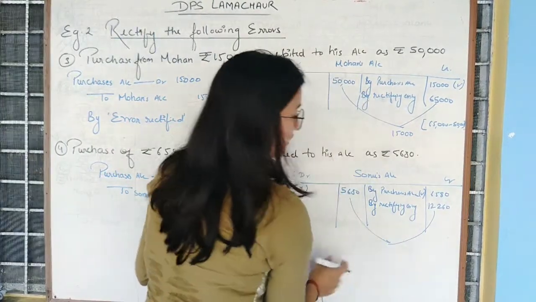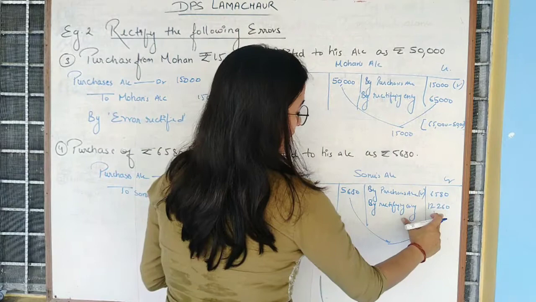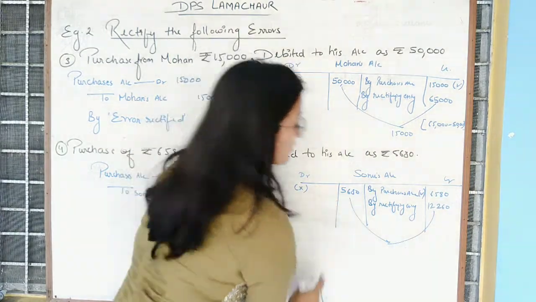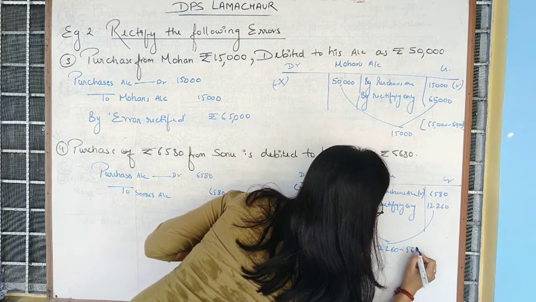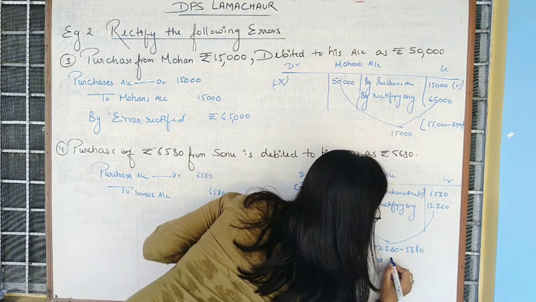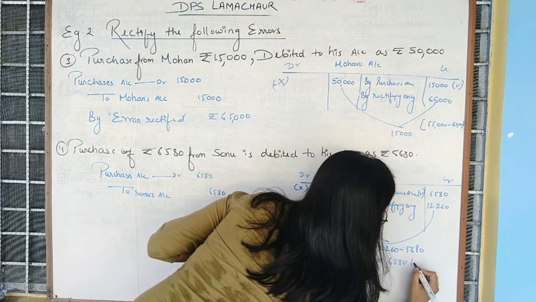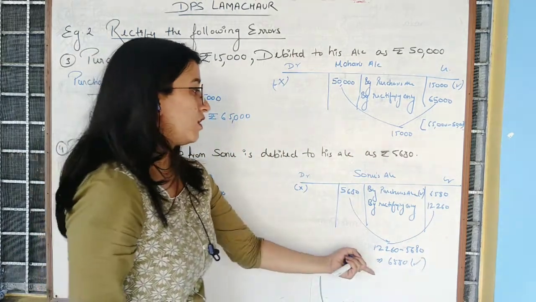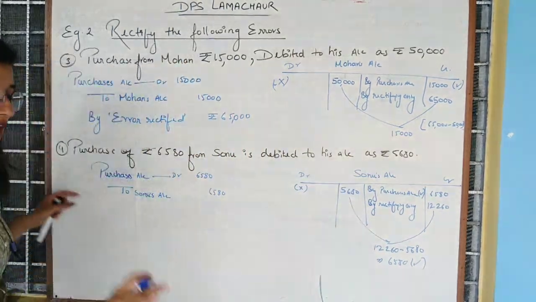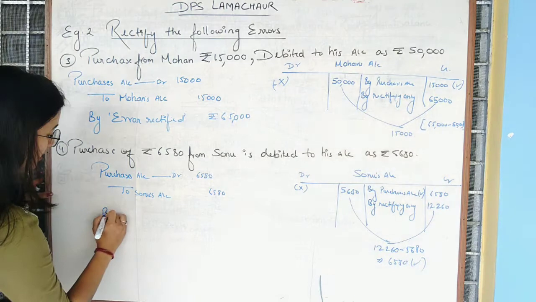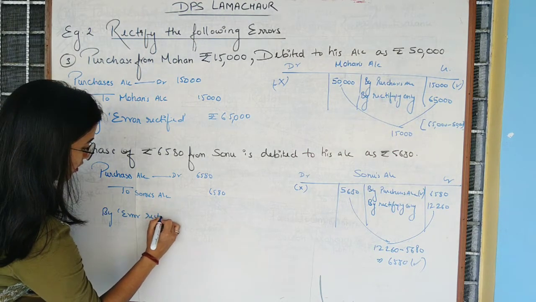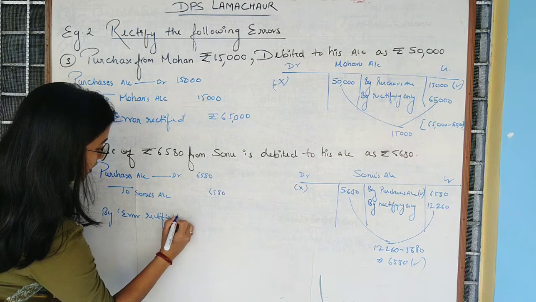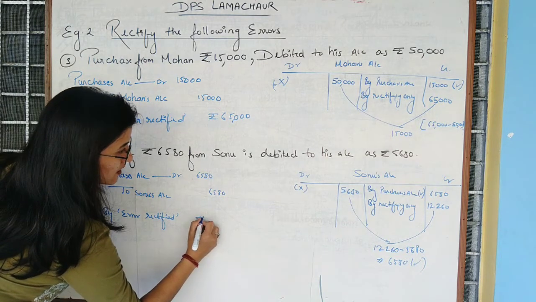When we calculate the net effect of 12,260 and 5680, the amount we will get is 6,580. So here the answer will be by error rectified, and amount is rupees 12,260.